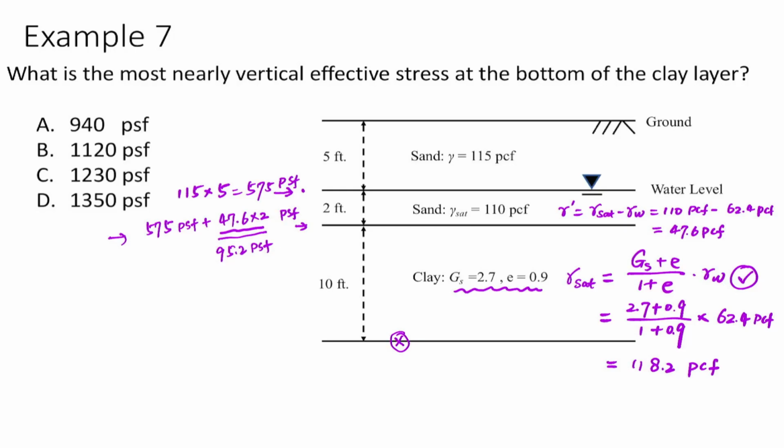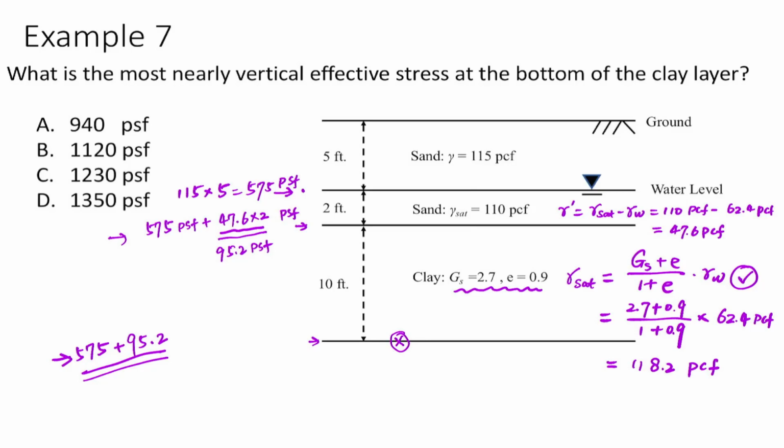So the total vertical effective stress at this point would be 575 plus 95.2, the effective stress from the first 7 feet.